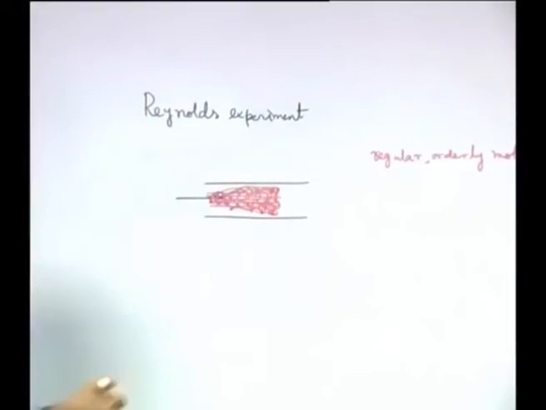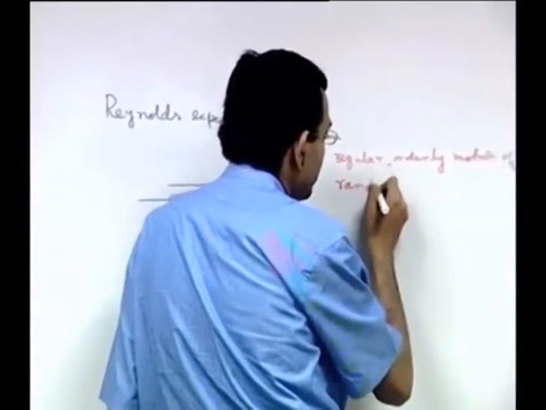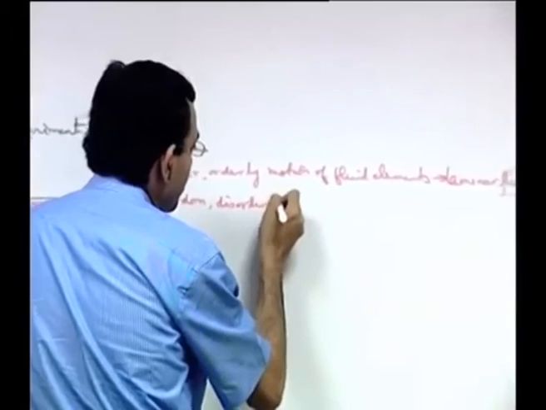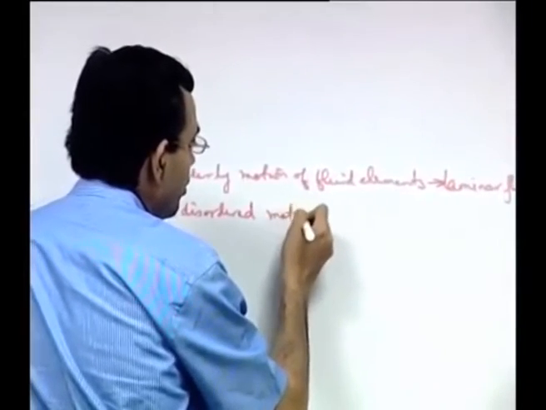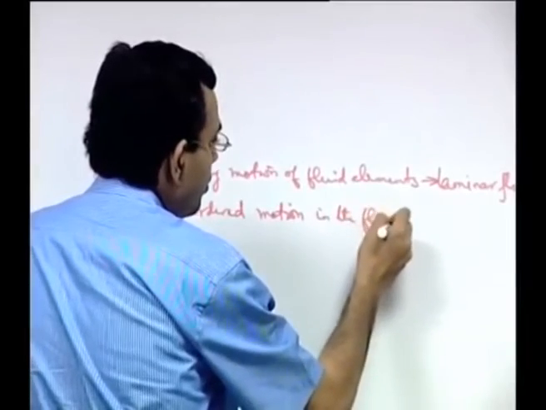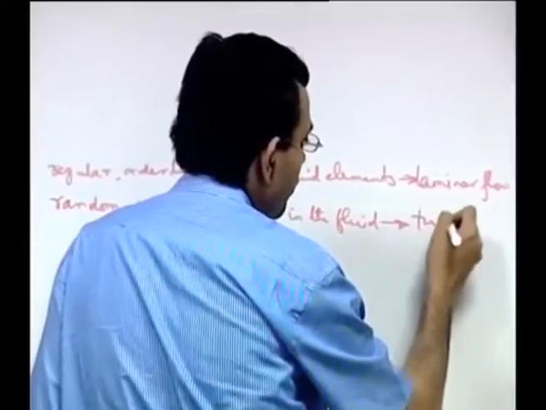So we then say that there is a random disordered motion in the fluid, which we qualitatively call as turbulent flow.